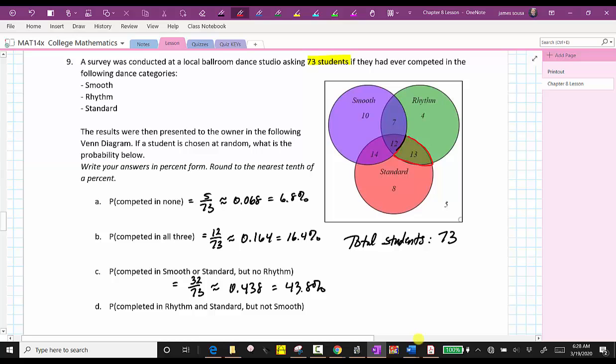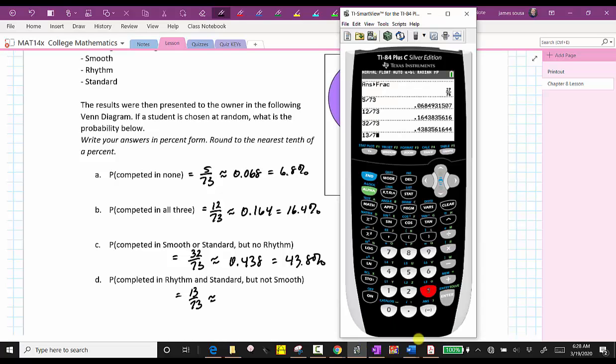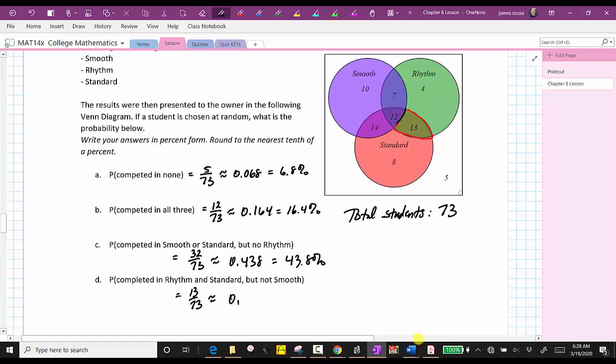So we have 13 favorable outcomes out of a total of 73. To 3 decimal places, we have 0.178, which is equal to 17.8%.